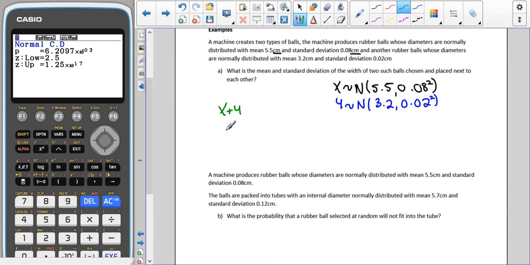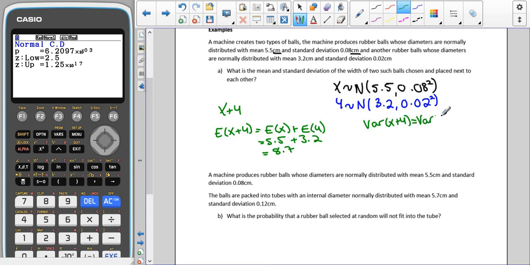So when we are finding E of X plus Y, that's going to be the same as the expectation of X plus the expectation of Y, which gives us 5.5 plus 3.2, which gives us 8.7. For the variance of X plus Y, we're going to have the variance of X plus the variance of Y. This would give us 0.08 squared plus 0.02 squared.